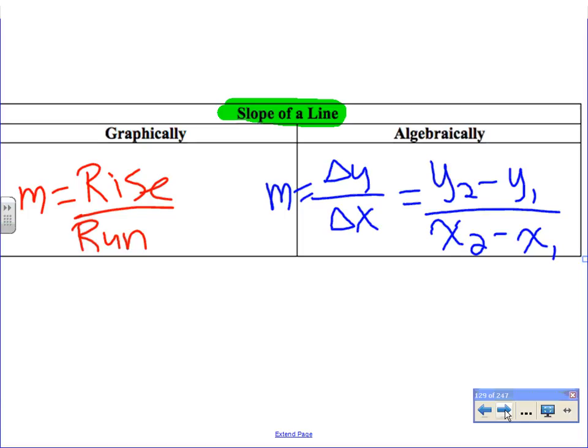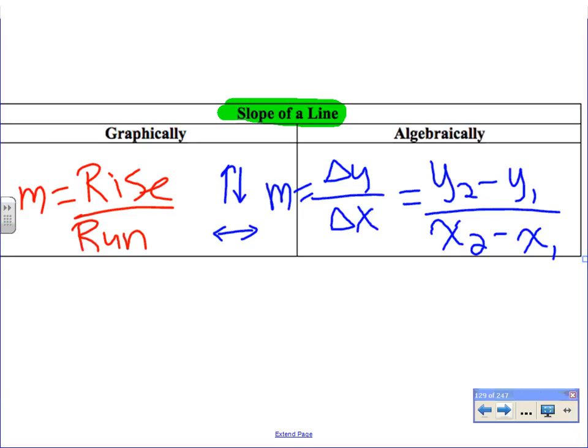And now we know rise and run is up and down, so that's the change in the y values. The y-axis goes like this, so when you go up or down, you're changing y. So that's the change of y. And if you're running, or doing something on a flat surface, you're going left or right. That's changing the x values. The x-axis looks like this. If you're running, you're changing your x.